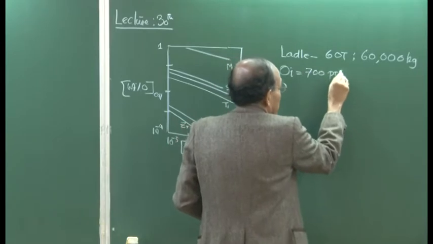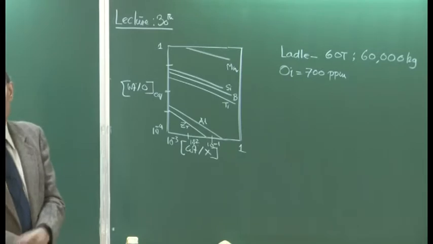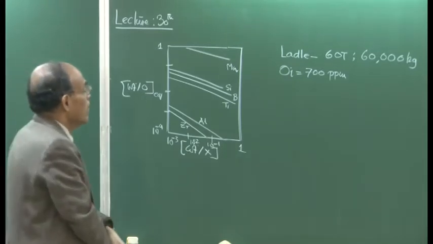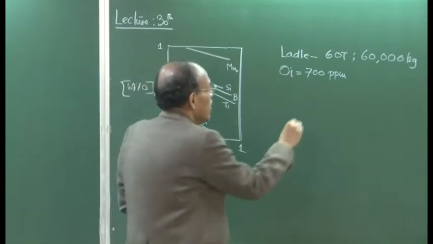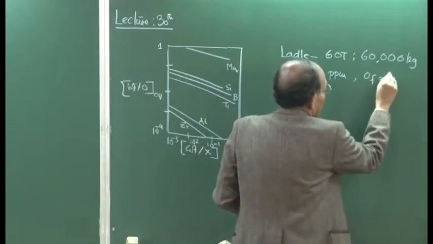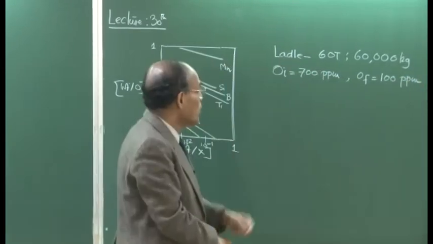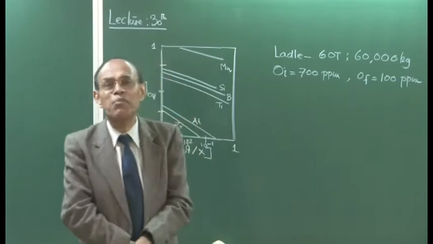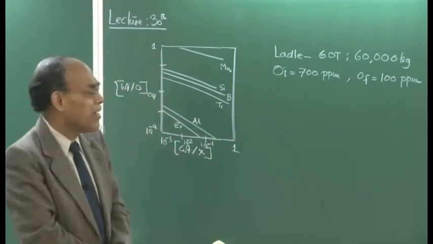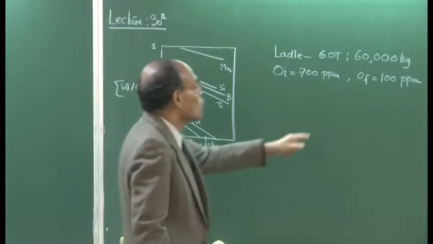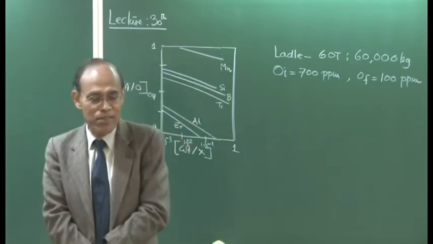That is typically what we have seen, about 400 to 600, that is the equilibrium range, it depends on carbon content of course, and the desirable oxygen final is about 100 ppm. And yesterday I also indicated that possibly this kind of reduction, final oxygen 100 ppm, will be good if you use a deoxidizer like silicon or silicomanganese. On the other hand, if you want to go to 10 ppm or 20 ppm, then perhaps you will go for aluminum, we must remember.